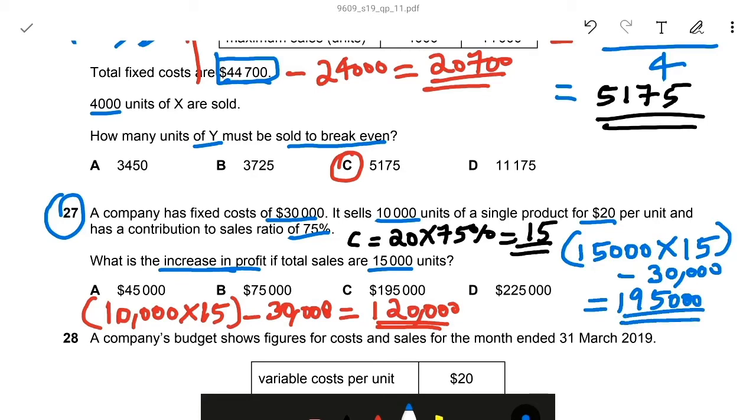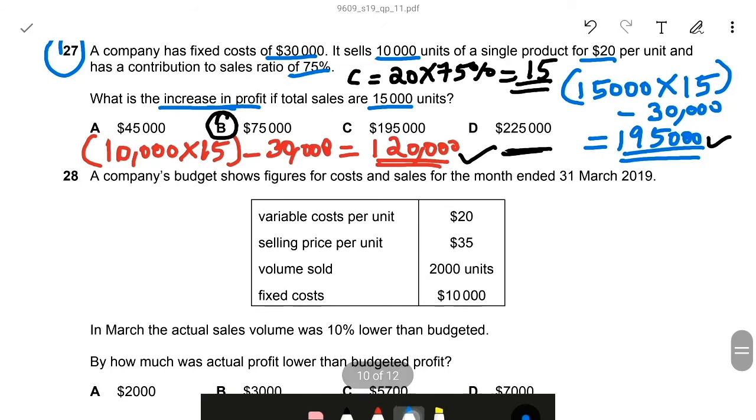In 10,000 the profit is 120,000, but in 15,000 unit profit is 195,000. It is increased. So what is the difference? 195 minus 120. Difference is 75,000. So our answer is B. That is the increase in total profit.